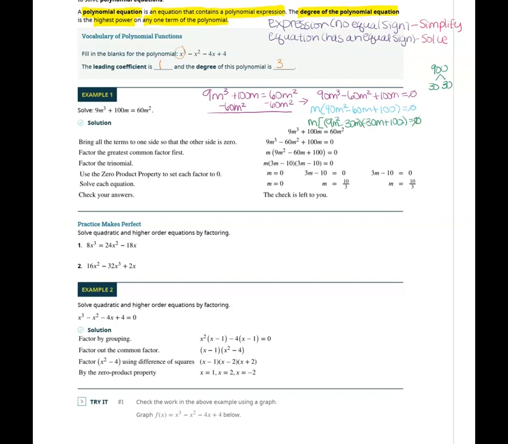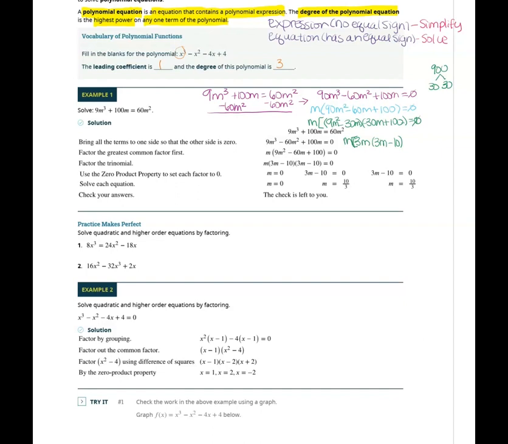The greatest common factor here, I'm going to have to write really small. So now we're going to have m. That should be a bracket, sorry. Then there's a parenthesis, 3m. If we pull out 3m out of these two, that's going to leave us 3m minus 10. That's not a 10, I wasn't looking where I was writing.